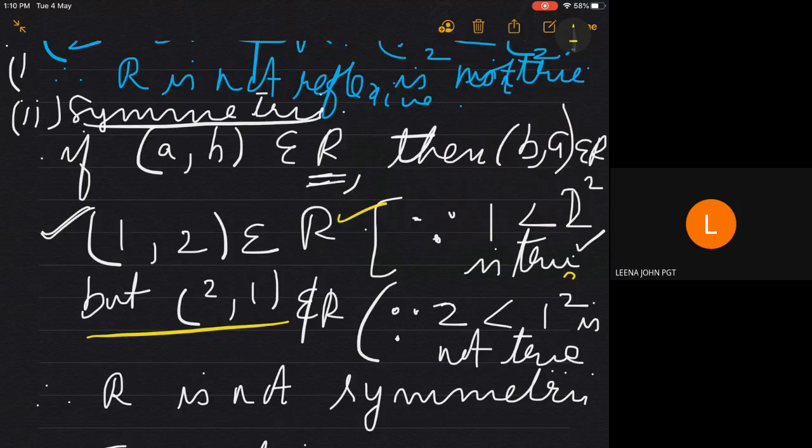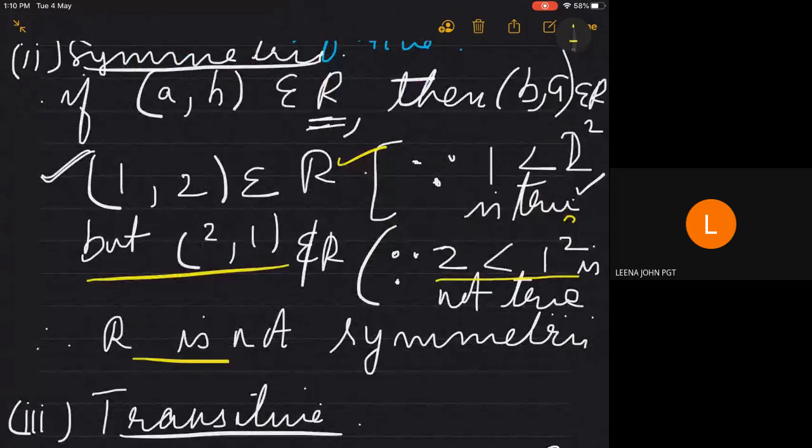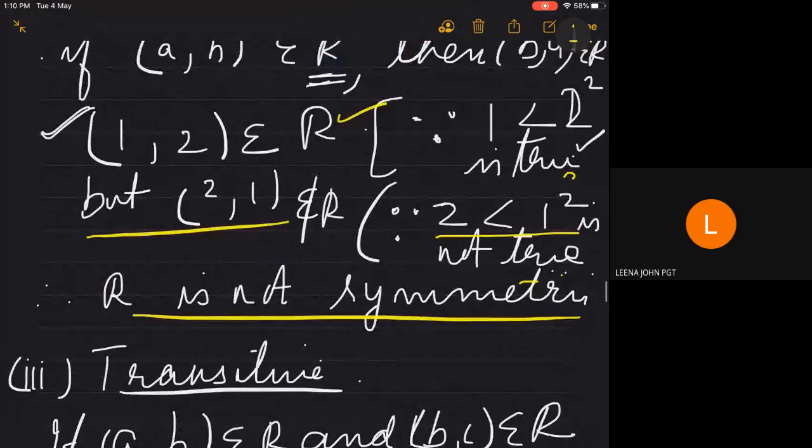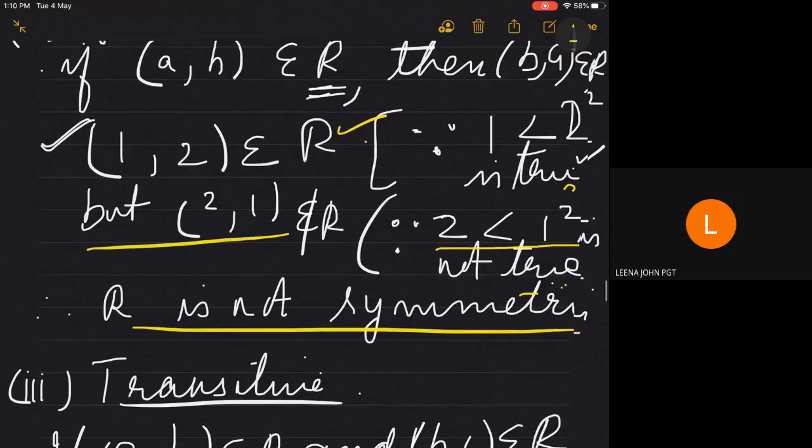It is not present in R because 2 less than 1 squared is not true. That means R is not symmetric. So one counterexample is enough to prove that symmetry does not hold for this relation.